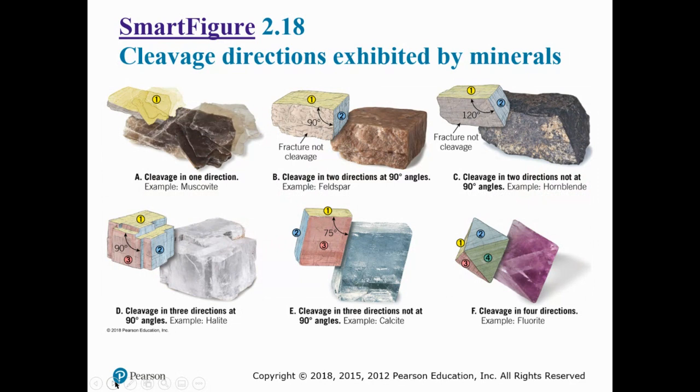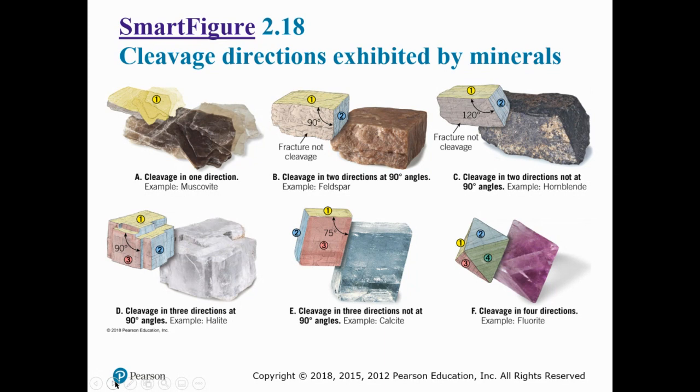So if we look at muscovite, for example, muscovite basically flakes off. And so it has cleavage in one direction. It's almost like these little sheets that are laying on top of one another. And muscovite is an example of what's called a mica. And all micas have this cleavage in one direction to form these thin, flat sheets.